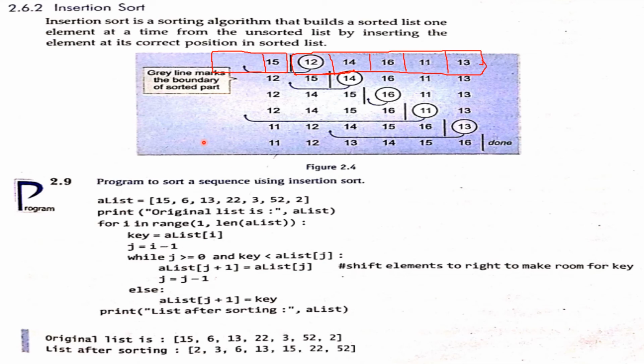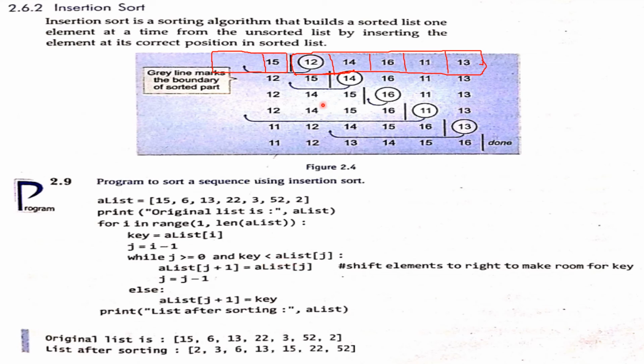Here i is 1, the element is 12, and j is 0, meaning index 0. Now for comparison, a while loop is given: while j is greater than or equal to 0 and key is less than list of j.